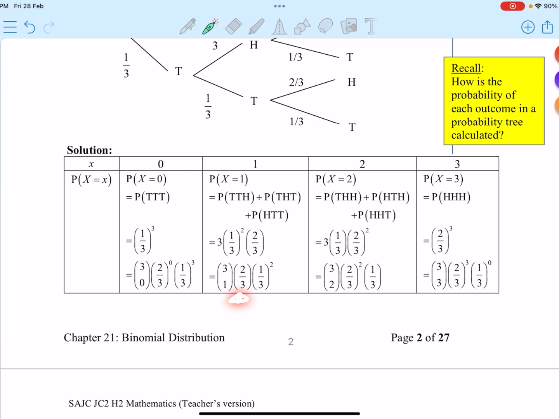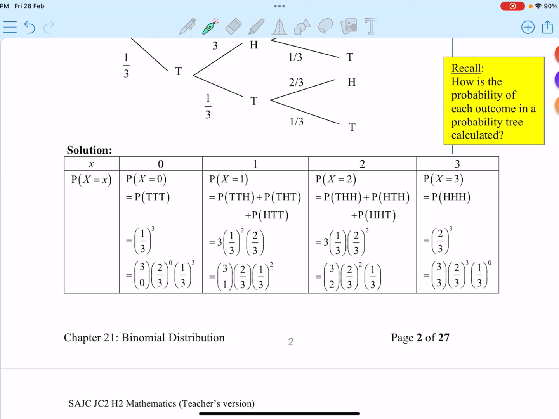This one is your probability of getting a head. We have 1 head, so the power will be 1. The next one is the probability of getting a tail. In this case, the probability of getting a tail is 1/3. We have 2 of them, so it's 1/3 times 1/3, which is (1/3) to the power 2.